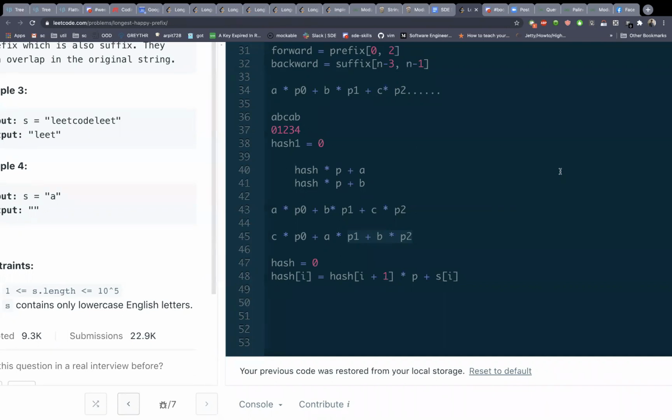So whatever, if we are taking 2 characters, then backward length minus 2 is the A character, and that will be P0 from the backside. And maximum it can go to n by 2, right? Whenever we reach C, we don't have to calculate, we just need to stop there.